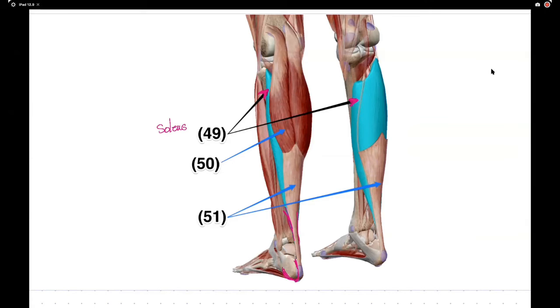What do you think? Yeah, exactly. This is my gastrocnemius.